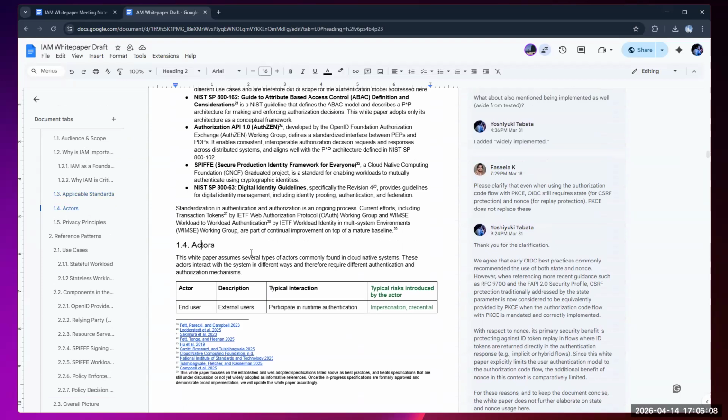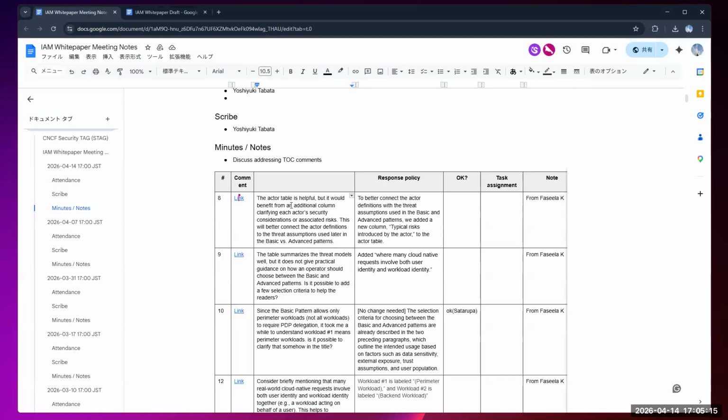Already reserved by Fasira. They comment that the actor table is helpful, but it would benefit from an additional column clarifying each actor's security considerations or associated risks. This will better connect the actor definitions to the threat assumptions used later in the basic process advanced pattern.